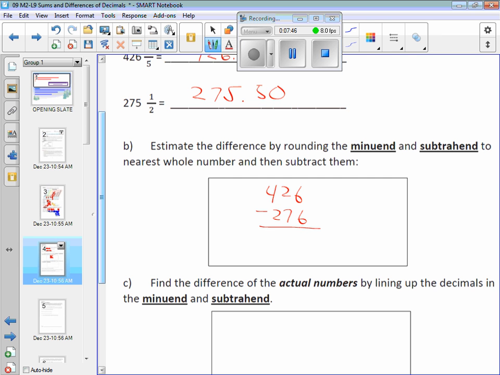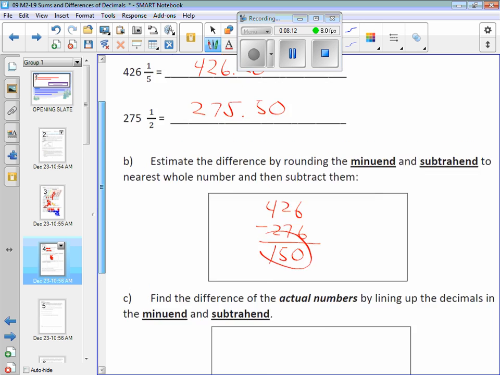What do you get? Somebody I haven't heard from. Tom. 150. So now when we actually do it, our answer should be somewhere around 150.